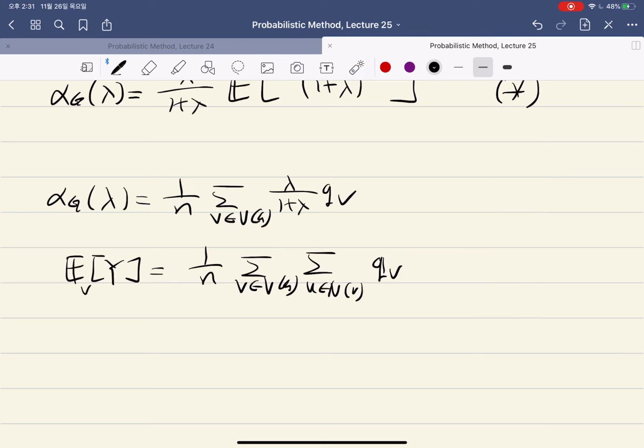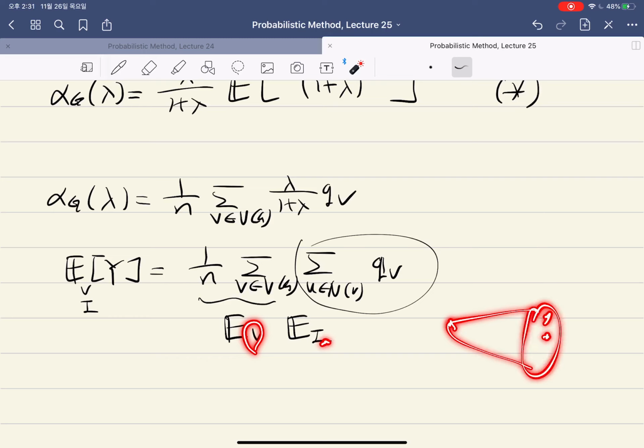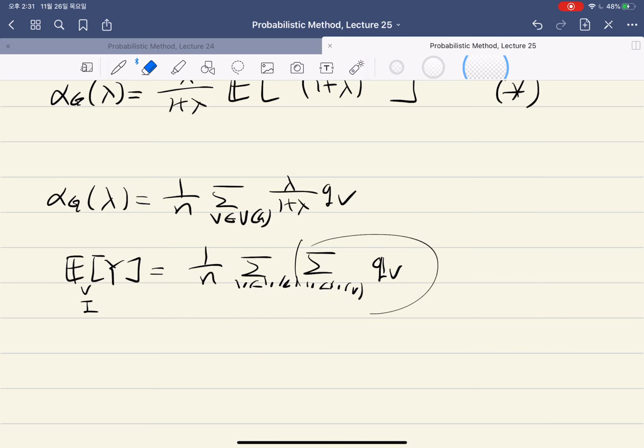B is random and then I is random. So you can write it this way. This is expectation over B and this is expectation over I. So you fix B, then on B its neighbors, and then I is at random. Each vertex has the probability qB of being uncovered. So that's what is here.